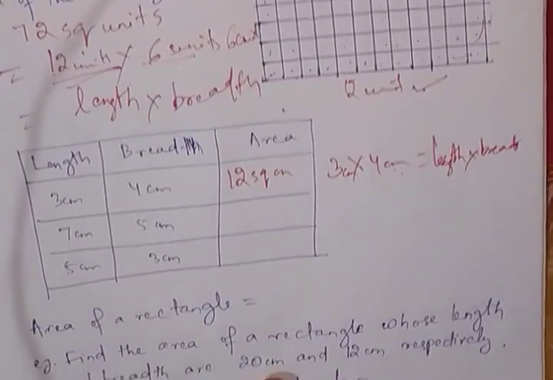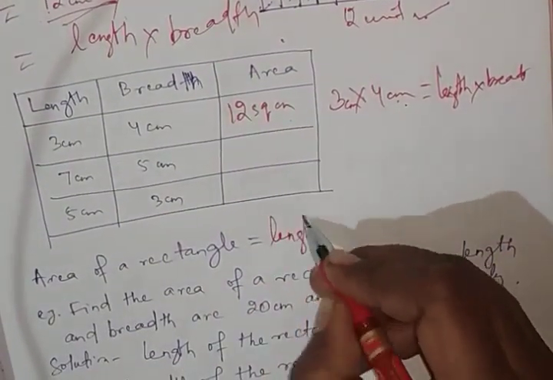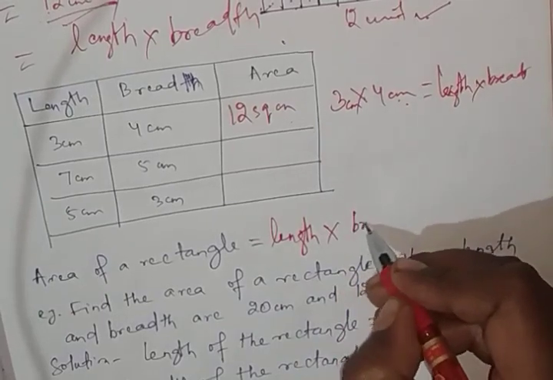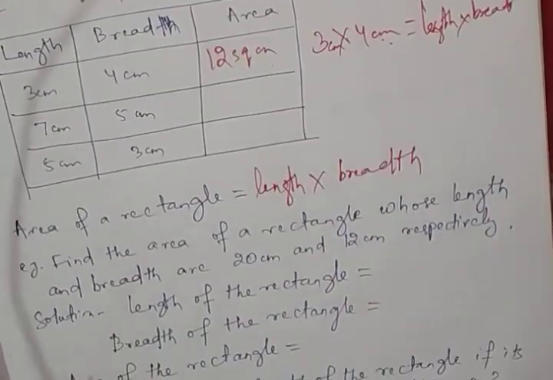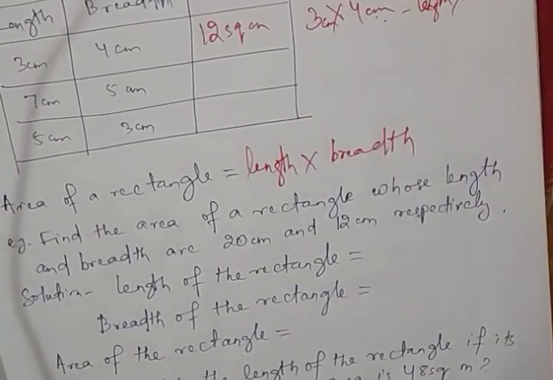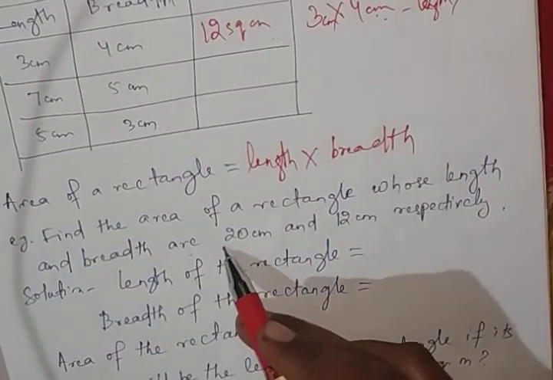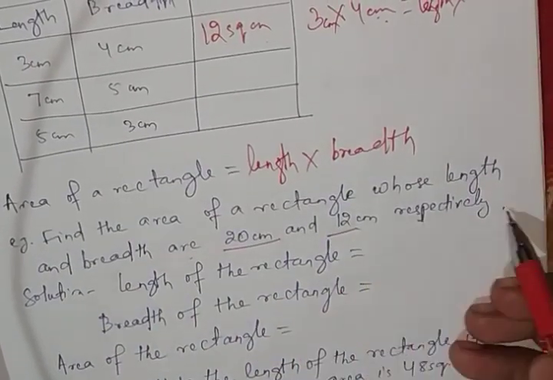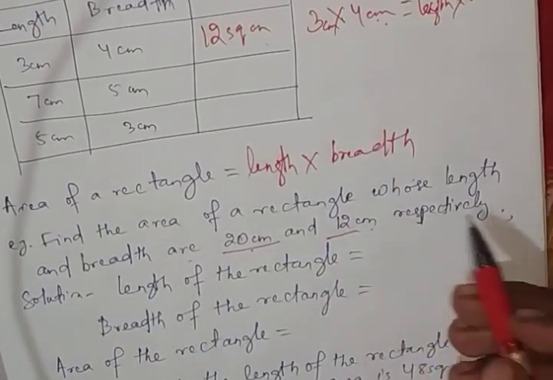So now what we got? The area of a rectangle is length into breadth. Let's find some examples. Find the area of a rectangle whose length and breadth are 20 centimeter and 12 centimeter respectively. The length of the rectangle is 20 centimeter and the breadth is 12 centimeter.